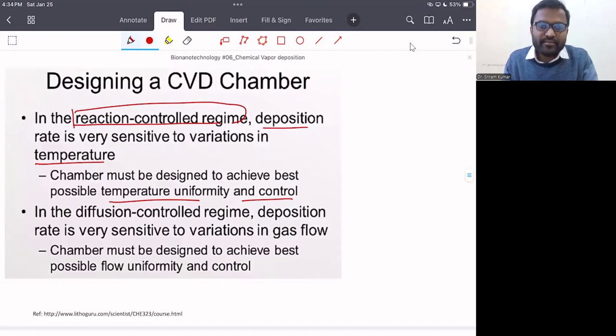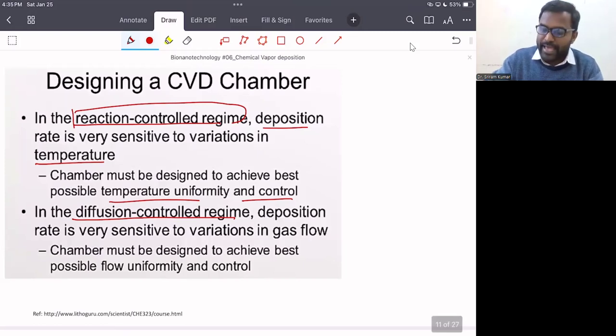We have the other regime, that is the diffusion control process. In the diffusion control process, the deposition is very much sensitive to the pressure. As we know here, the Dg is inversely proportional to Pg upon Pt.